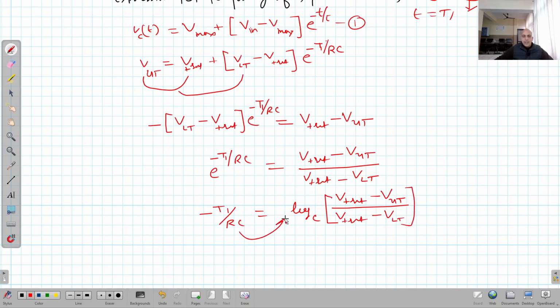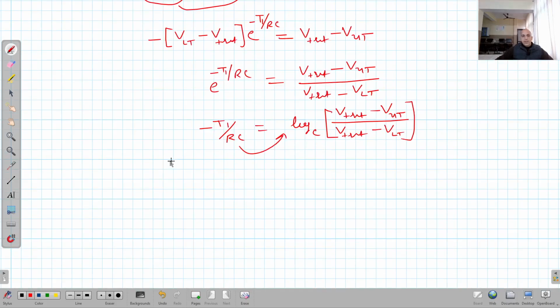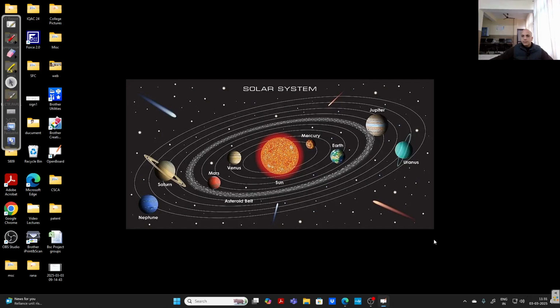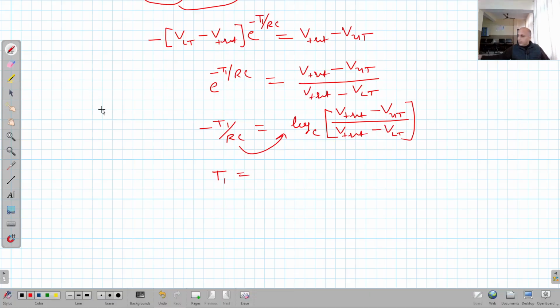If I take it toward this side, then t1 is equal to RC into log of V plus saturation minus V upper threshold divided by V plus saturation minus V lower threshold. It was negative here.